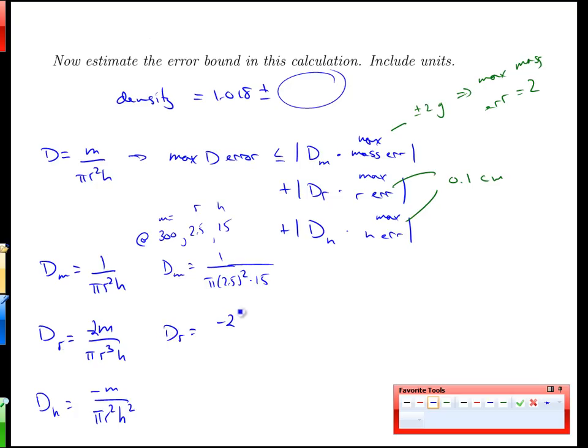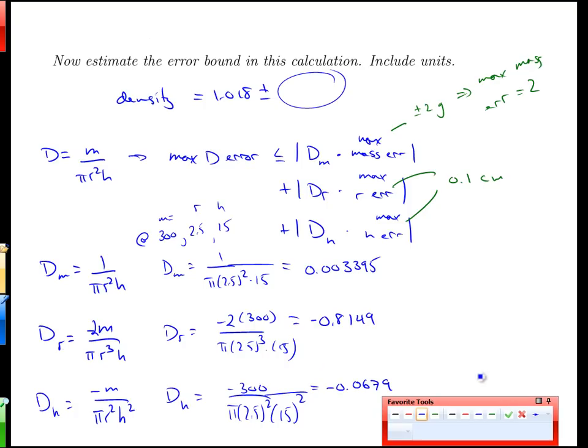The r derivative is minus 2 times 300 over pi times 2.5 cubed times 15. And the height derivative is minus 300 over pi times 2.5 squared times 15 all squared. We simplify those and produce these values for the derivatives.